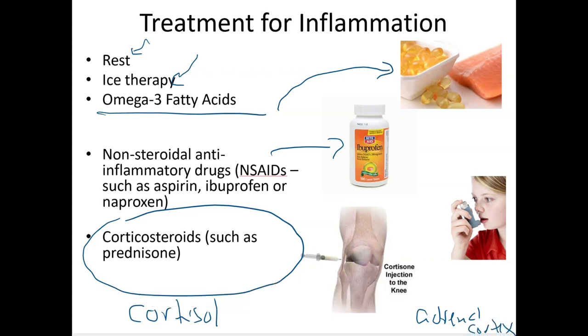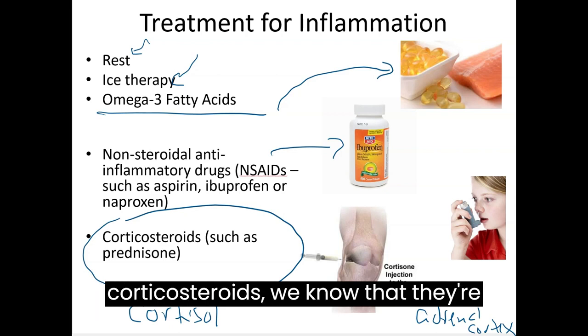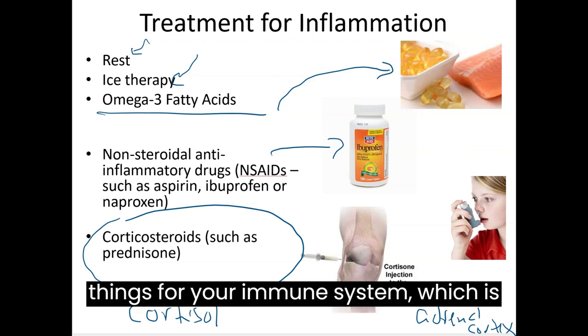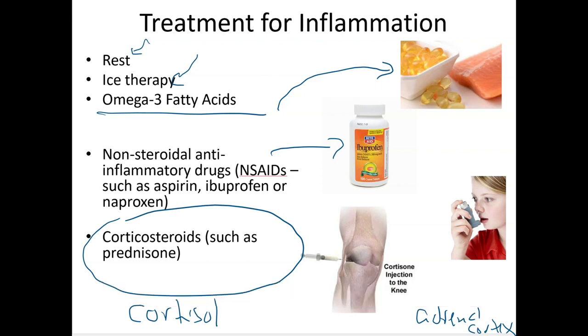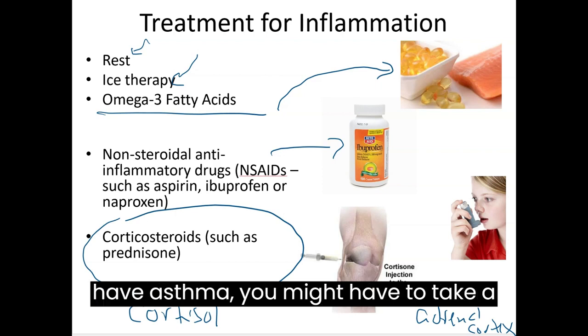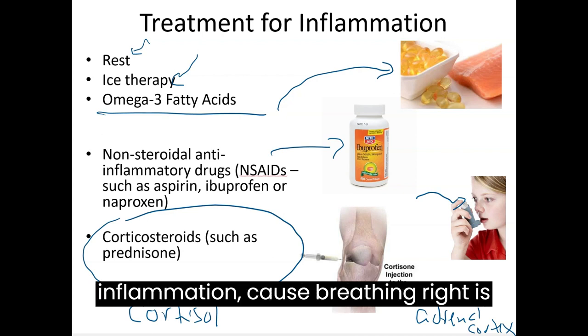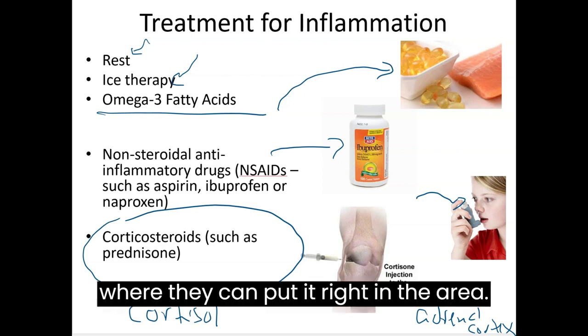And so prednisone is a derivative of cortisone. And so prednisone, corticosteroids, we know that they're very, very good at decreasing inflammation. They decrease a lot of things for your immune system, which is why you don't necessarily want to be on them all the time, because they suppress your immune response. However, if you have asthma, you might have to take a daily corticosteroid to decrease that inflammation, because breathing, right, is more important. Or they do injections where they can put it right in the area.